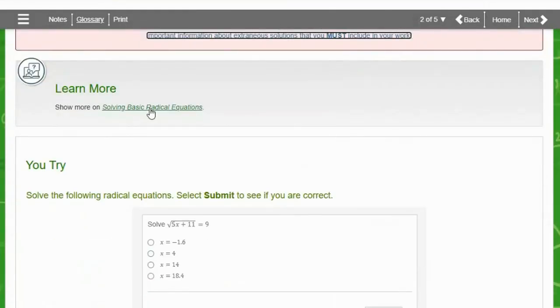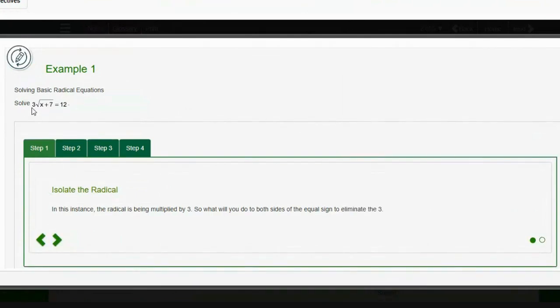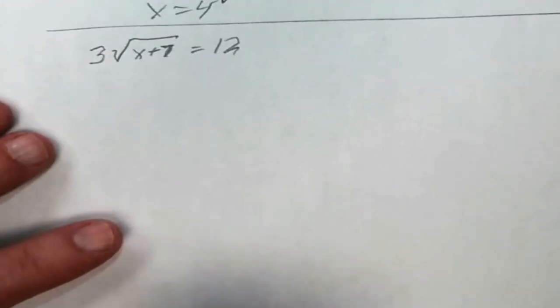More on solving basic radicals, which means it's another example. So 3 times the square root of x plus 7 equals 12. That's worthy to put in our notes. At first glance, you're thinking, uh-oh, what are we doing with this?